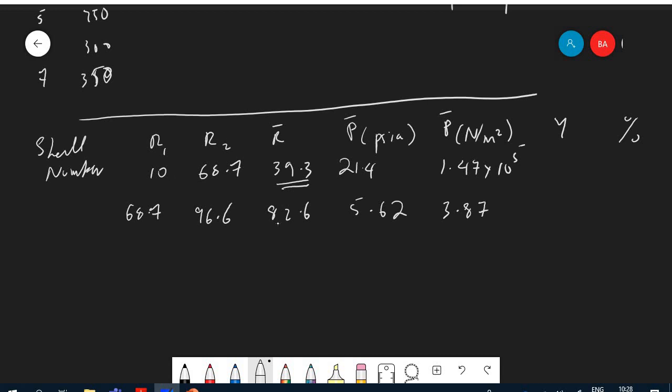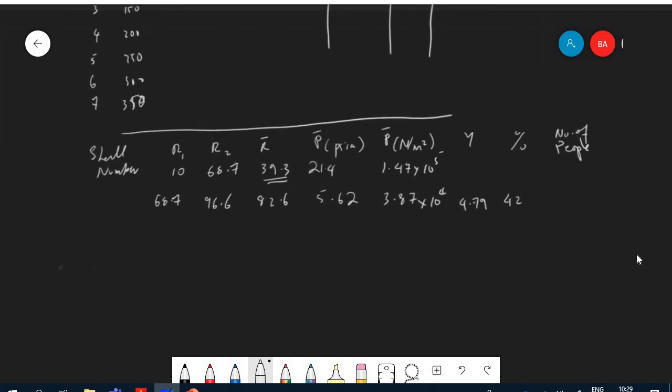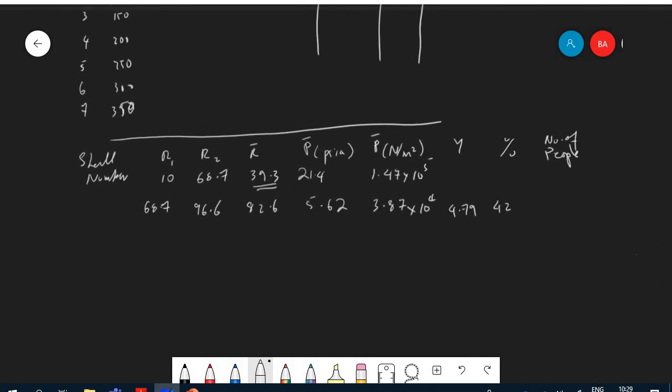We can calculate 5.62 and then convert it to 3.87 times 10 to the power 4. Then you can calculate the probit, which is 4.79, and the percentage getting affected, which is 42%. Then we can calculate the number of people getting affected, which was 3.9.